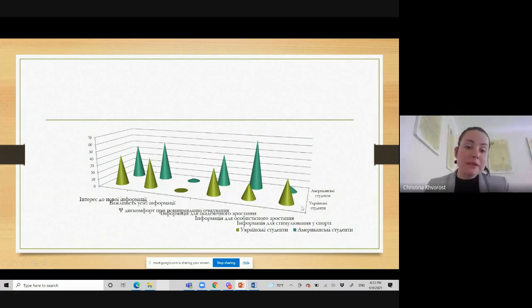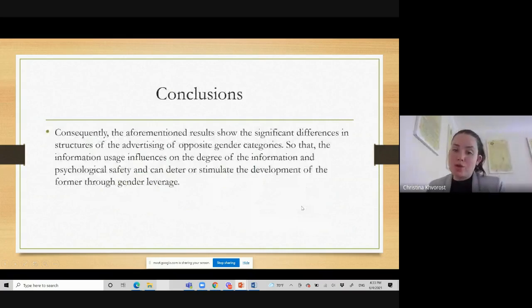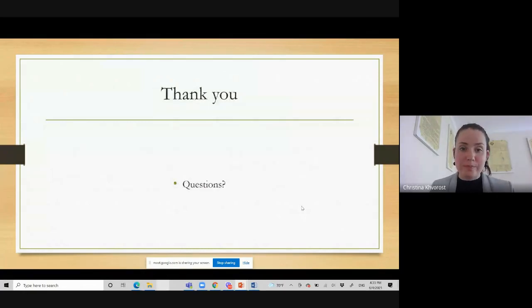And the conclusions. Consequently, the aforementioned results show a significant difference in the structures of the advertising of opposite gender categories, so that the information usage influences the degrees of information and psychological safety, and can deter or stimulate the development of the former through the gender leverage.